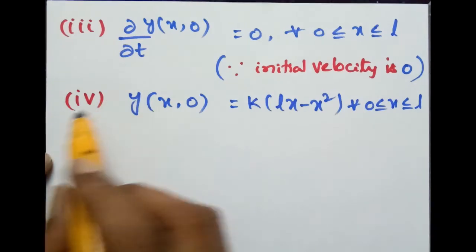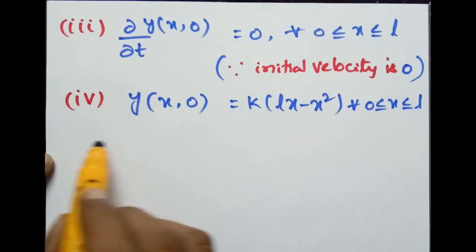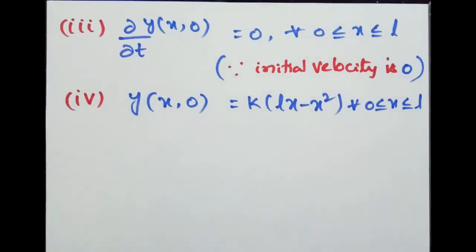In the previous class, we explained the correct solution which satisfies our boundary conditions, to find the values of C1, C2, C3 and C4.